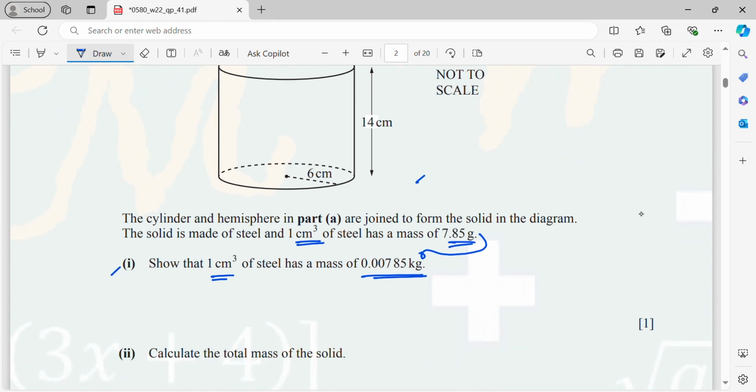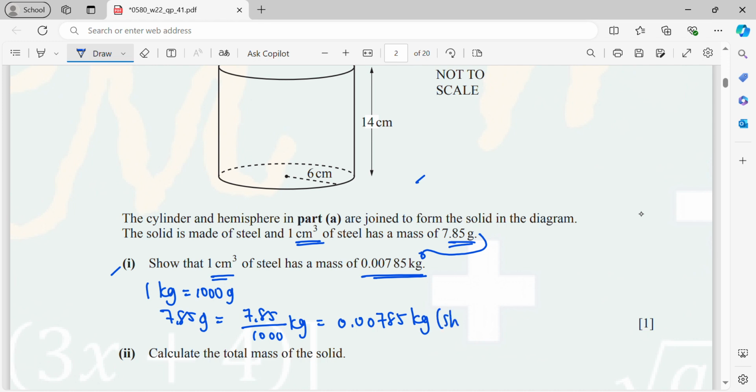So we know that 1 kilogram equals 1,000 grams, right? Therefore, 7.85 grams equals 7.85 over 1,000. When you convert it to kilograms, this is going to be 0.00785 kilograms. So we have shown it.